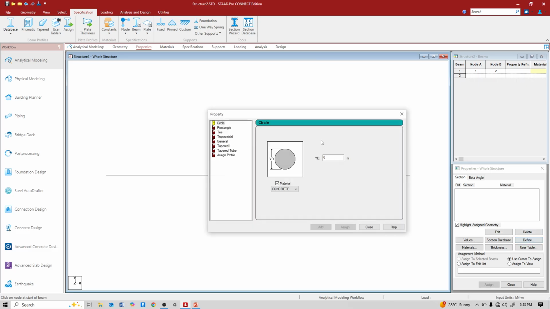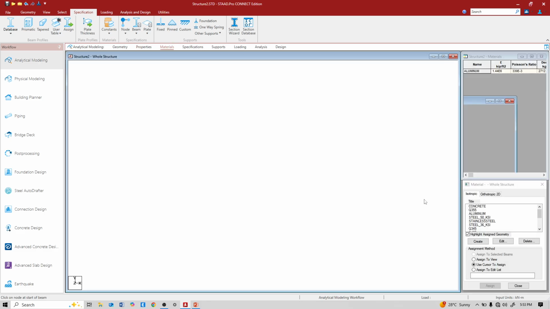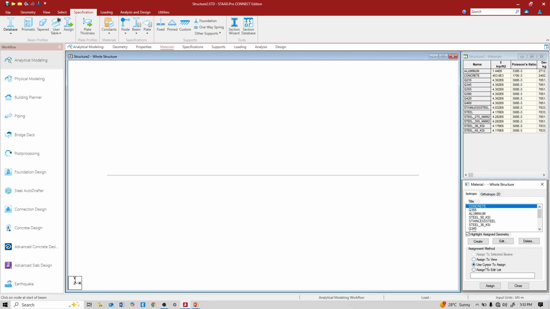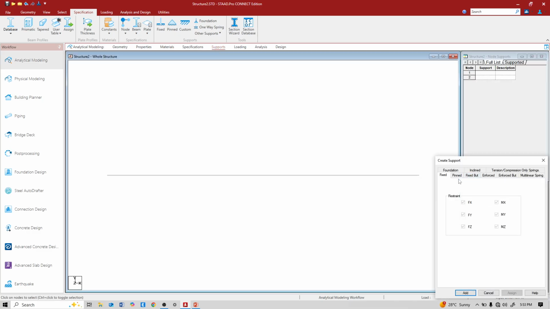Let's define some properties for errorless analysis. We don't calculate bending moment for dead load, we only calculate bending moment for live load. But we need to define the material and section properties also in StatPro for errorless analysis.